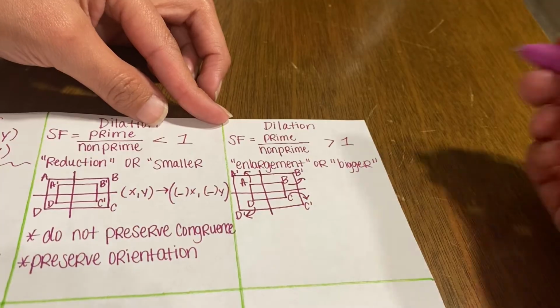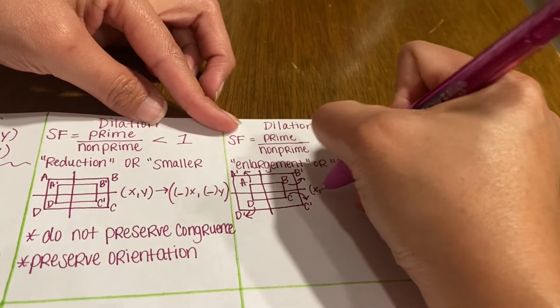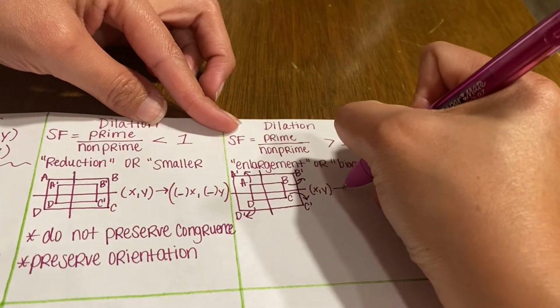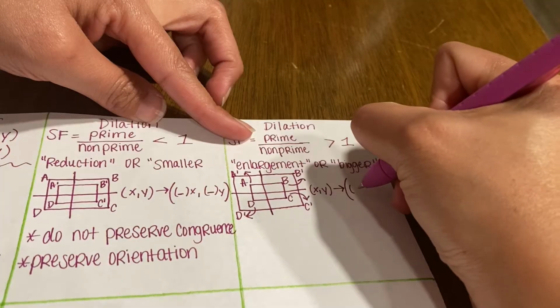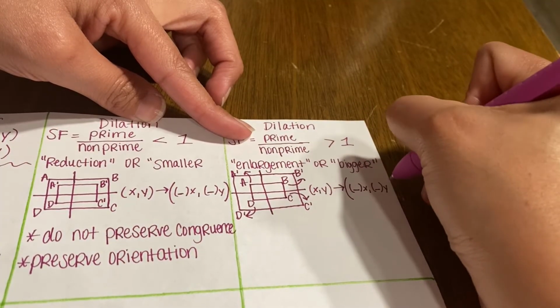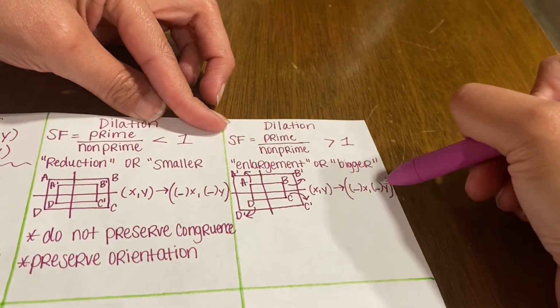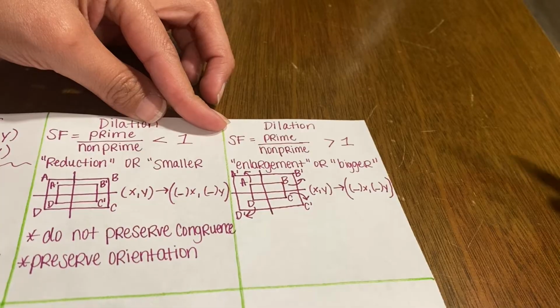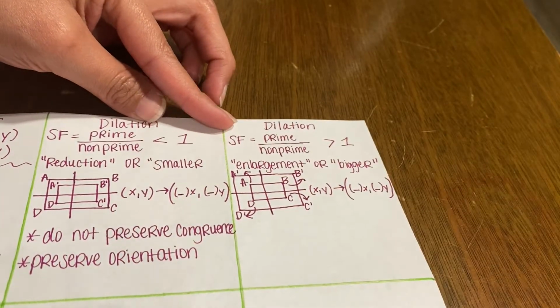We are going to put in a note here for how to write the rule. So xy goes to, same thing as before, a number x, comma, number y. The scale factor goes before the x and before the y. Down here, I'm going to put the same notes I put about congruence and orientation.